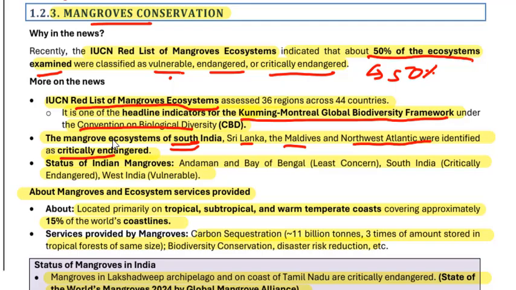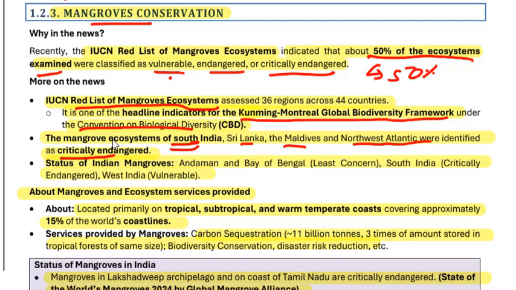Can you tell me why South India is specifically mentioned as critically endangered? There are many reasons in South India for mangroves to be critically endangered. Urban expansion in the southern states is very high. Aquaculture farming in the mangrove area is easy, more cost effective and more beneficial, so they are doing aquaculture.